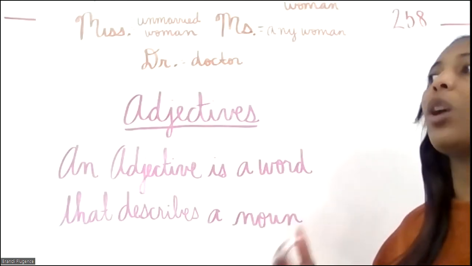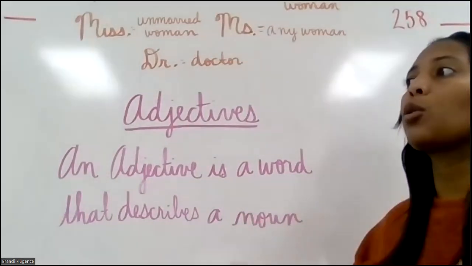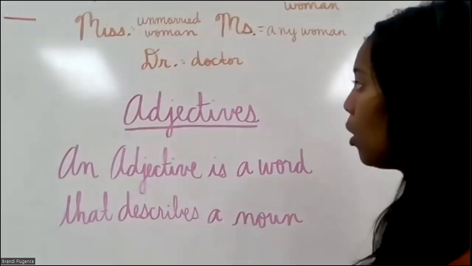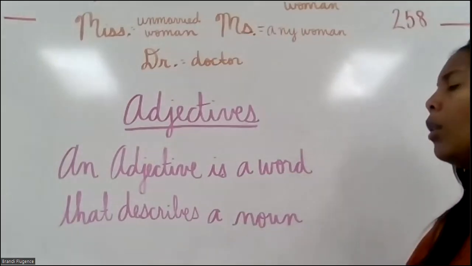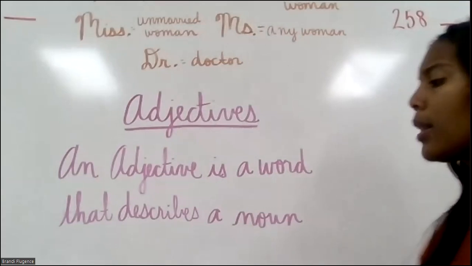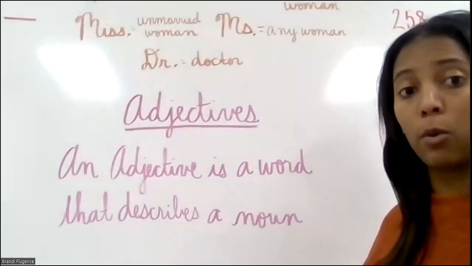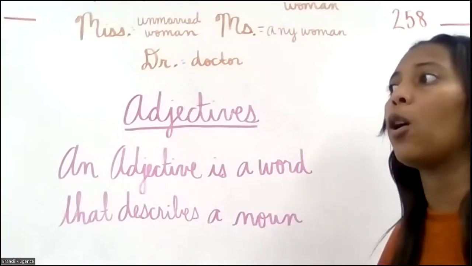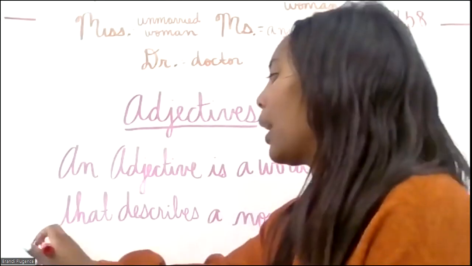If it's giving you what it looks like, it describes it, so it's called an adjective. So an adjective is a word that describes a noun. These are the categories of words that fall under adjectives. The first will be color.